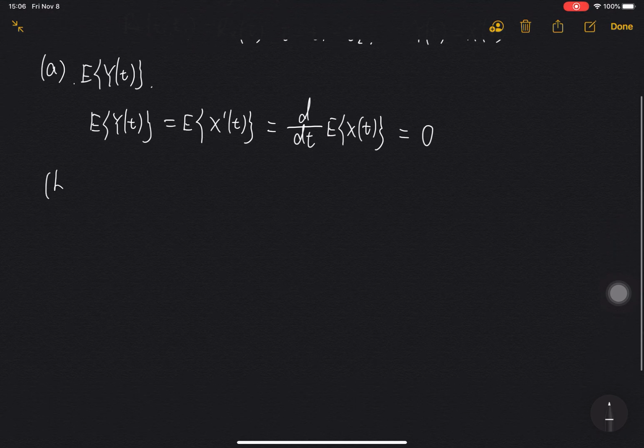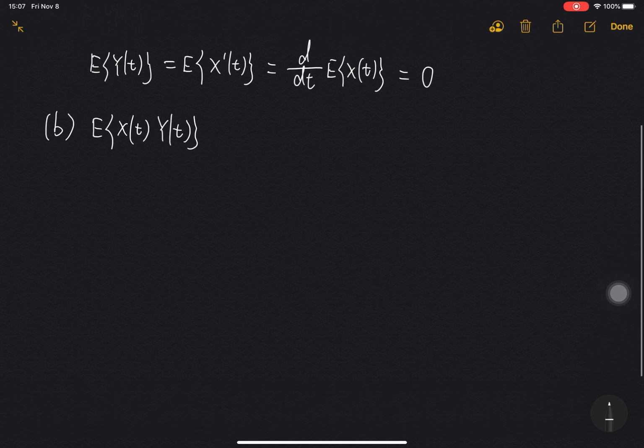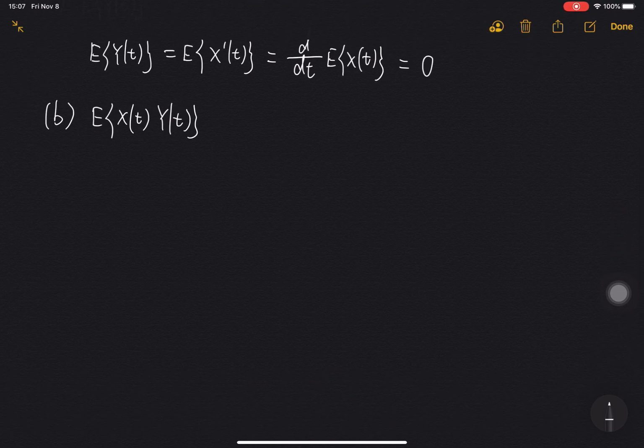Okay, and the next question, B, we need to find the expectation of xt times yt. This is a little bit tricky because we know that if we take the derivative of xt squared, we should have something like this: 2 times xt times the derivative of xt.